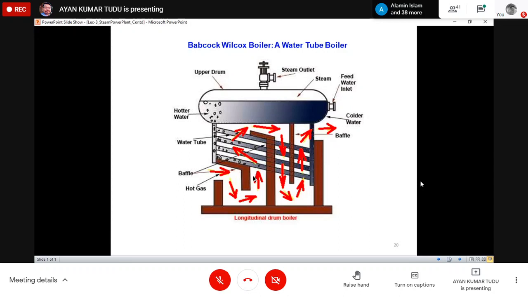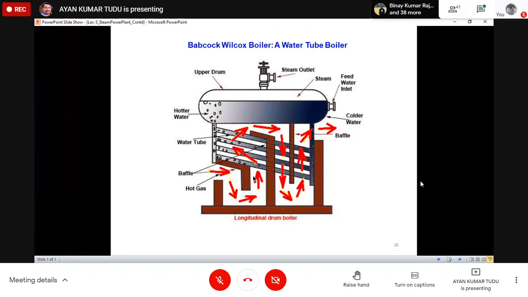The water level in the boiler should always be kept constant. If there is a failure in the feed water supply, even for a very short period, then the boiler may become overheated, and the chances of any accident increase.